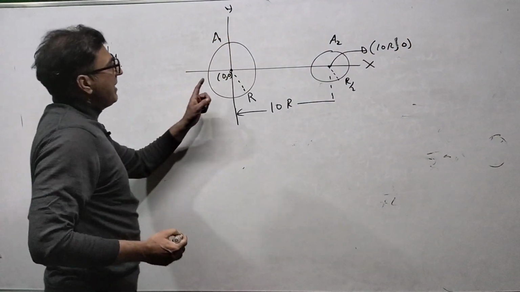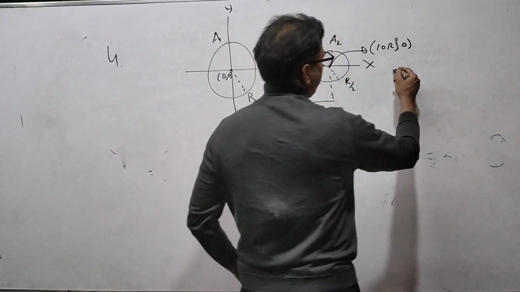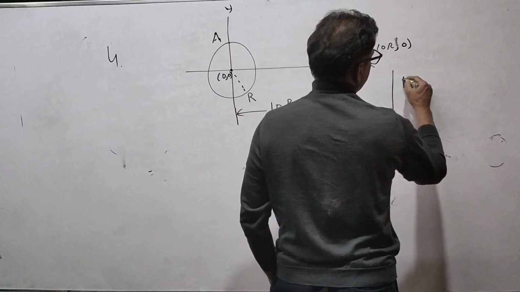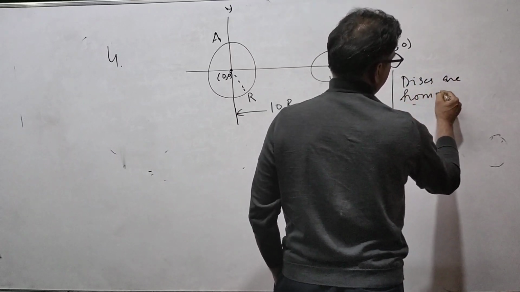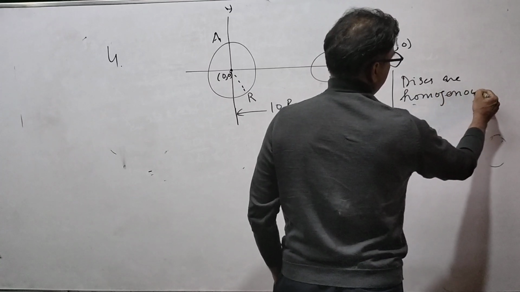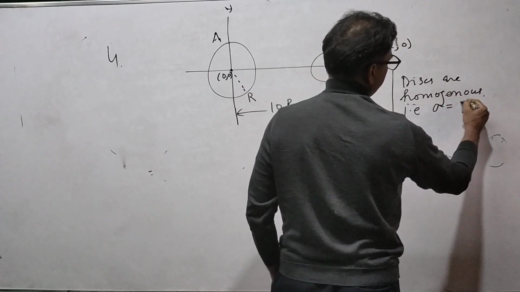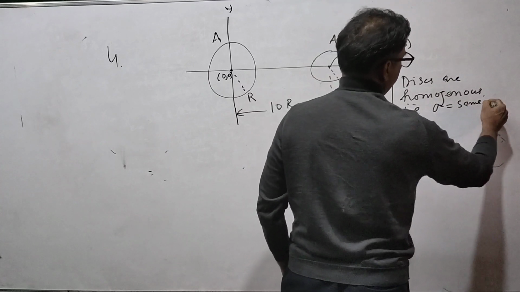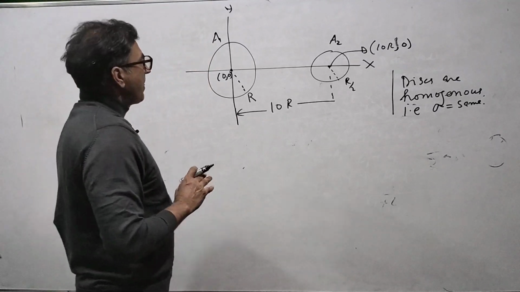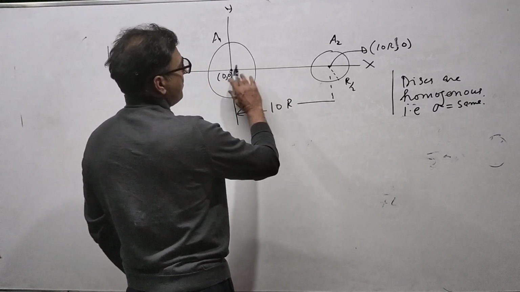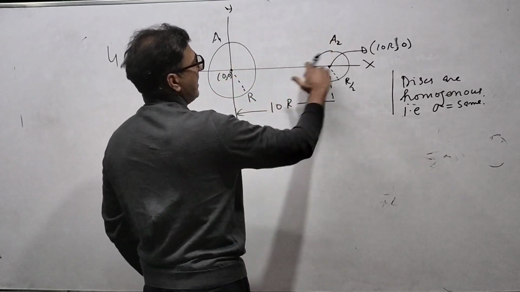And our question is, what is the center of mass of the system of these two disks? The disks are homogeneous. That is, density is the same, sigma is the same. They are of the same material. So we can use the rule that we already learned. What is XCM, the center of mass? YCM will be anyway 0, because both the disks are lying on the x-axis.